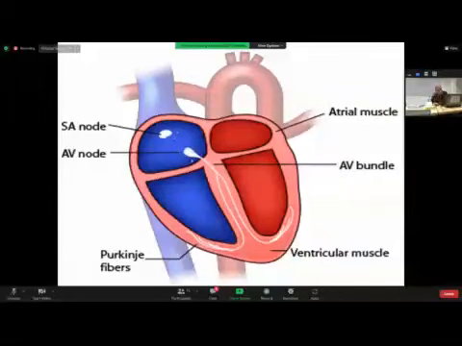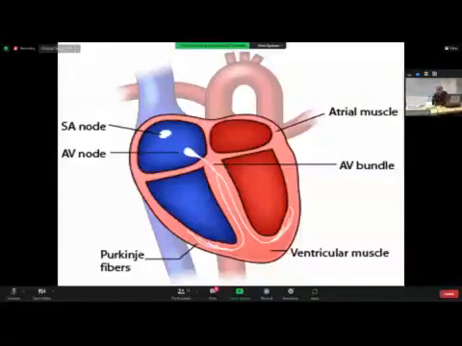And the pathways take this impulse to the atrioventricular node. The atrioventricular node is just present above the atrioventricular septum. Once the impulse reaches the AV node, it becomes depolarized.